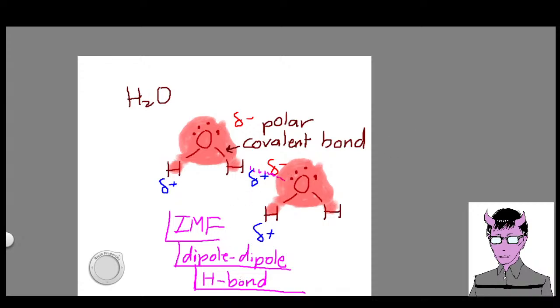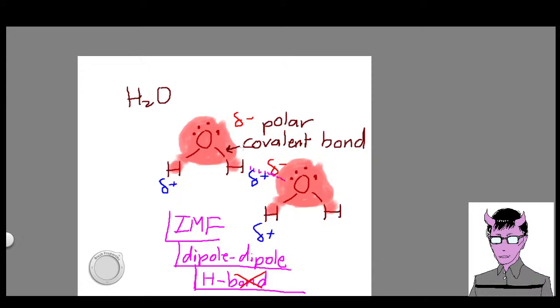But remember, it's not a true bond. So if you were to name this one specifically, please call it a hydrogen bond. You are technically correct if you call it a dipole-dipole. You are technically correct if you call it intermolecular force, but for full credit, you would call it a hydrogen bond.